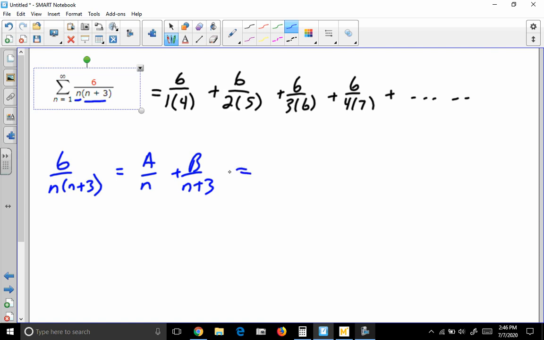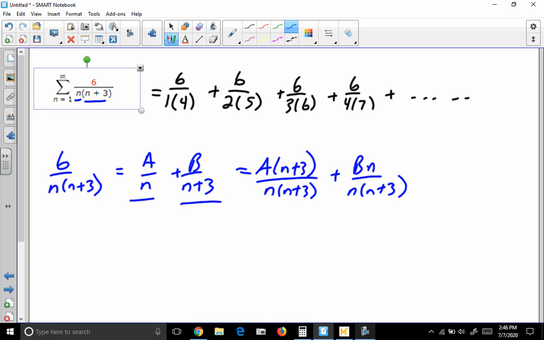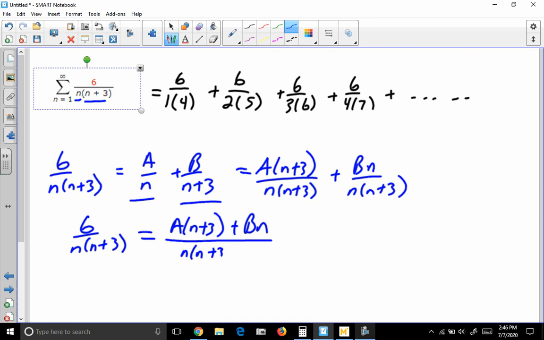So if we put these together, we would have a times n plus 3 over n times n plus 3, and we would have bn over n times n plus 3, just rewriting each of those fractions with our common denominator. So 6 over n times n plus 3 will equal a times n plus 3 plus b times n over the common denominator. So since the denominators match, the numerators have to match.